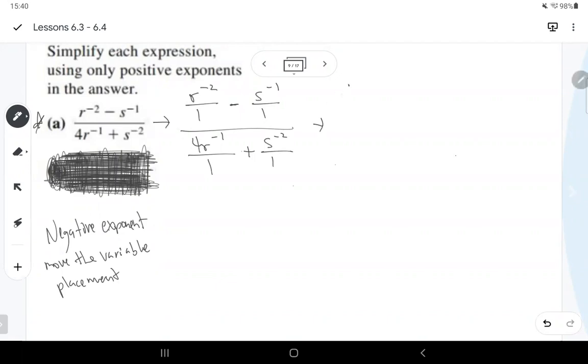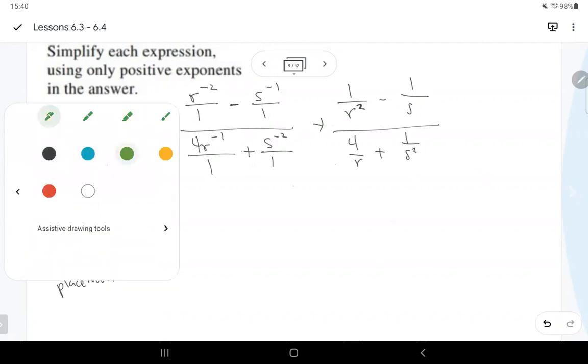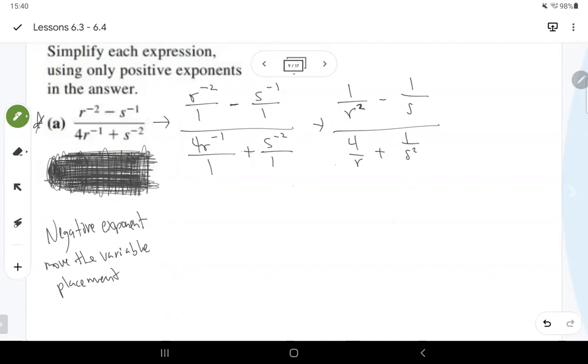So this will be 1 over r squared minus 1 over s, over 4 over r plus 1 over s squared. It's very important that you do that, because if you don't, you would probably have ended up doing something like this, which I will write down and erase just to show what you probably would have done.